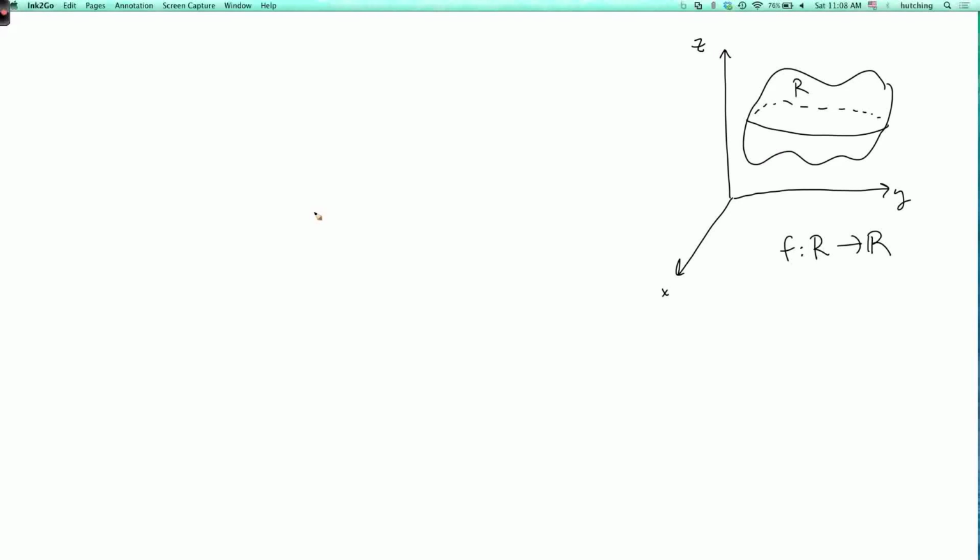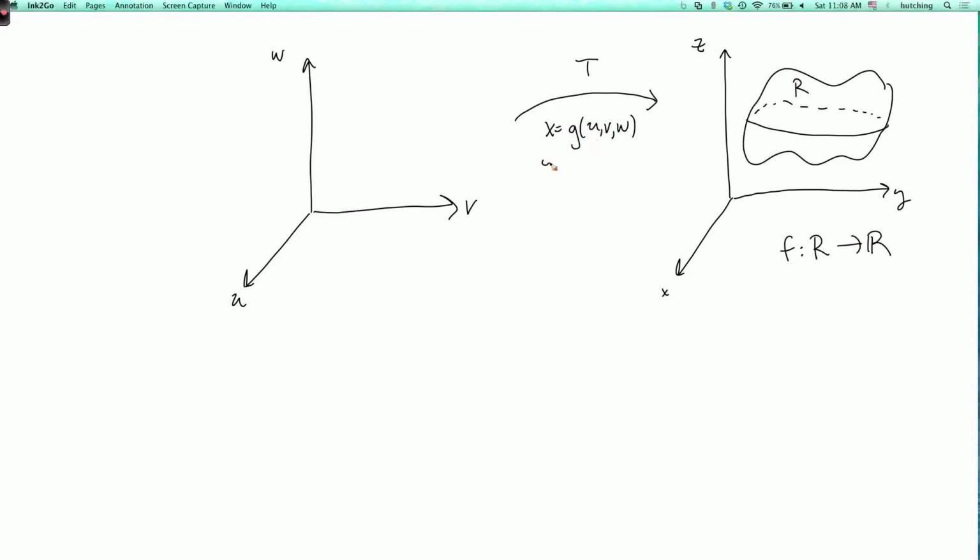So I'd like to use a different coordinate system, which we'll call u, v, and w. And I have some transformation T from the u, v, w coordinates to the x, y, z coordinates. So x is some function g of u, v, w, y is some function h of u, v, w, and z is some function, say k of u, v, w.